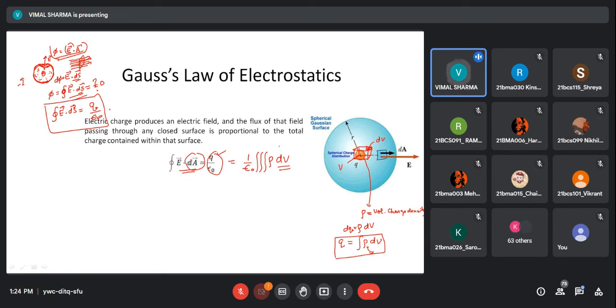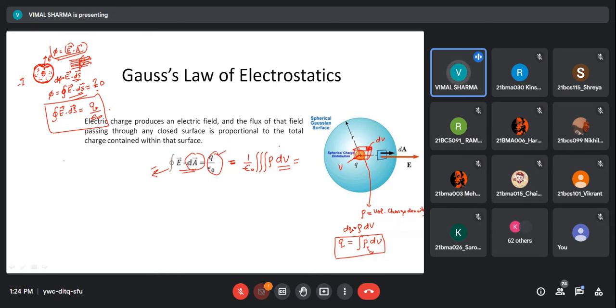This is volume integral on the right hand side. I also want volume integral on the left hand side, so that I can equate their integrands. So I can use the Gauss divergence theorem, because the Gauss divergence theorem relates closed surface integral of any vector to the volume integral of divergence of that vector.